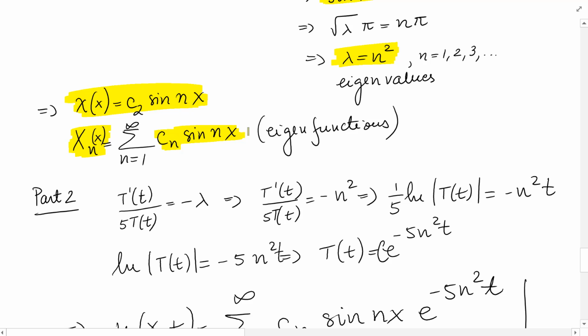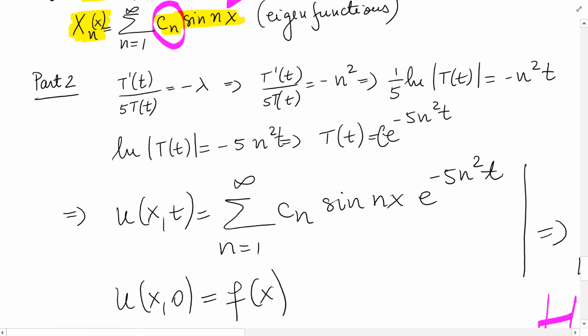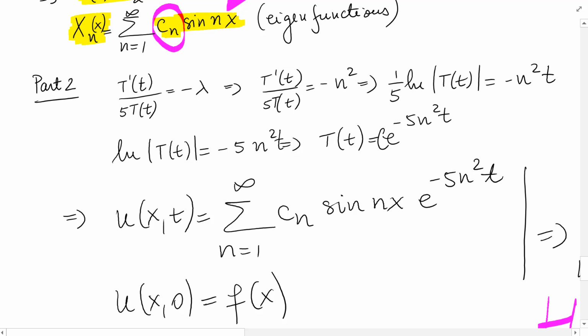And here is the moment where we should figure out why we learn the Fourier sine series specifically. Well, just look at these eigenfunctions. What are they? They are functions of sine of nx. So we want to find the coefficients in front of sine of nx, right? I actually did part 2 where I figure out what T of t is, but let's get back to this X sub n, which is c sub n sine of nx.